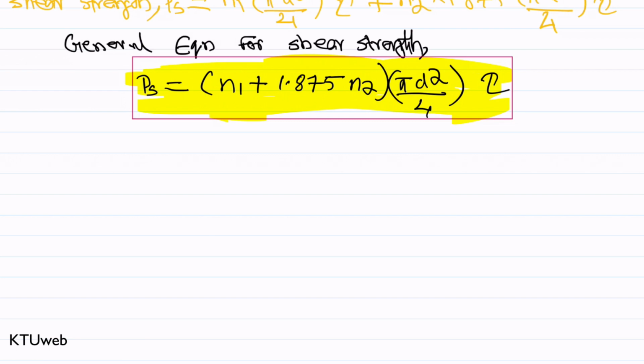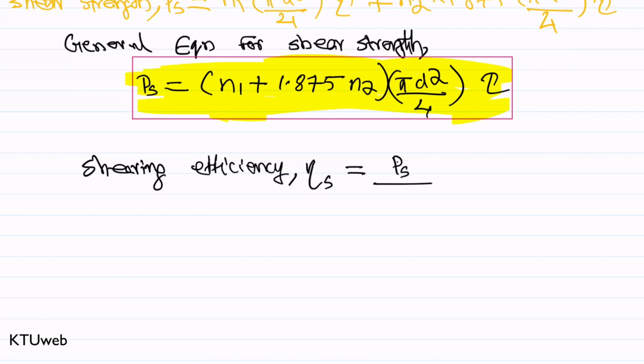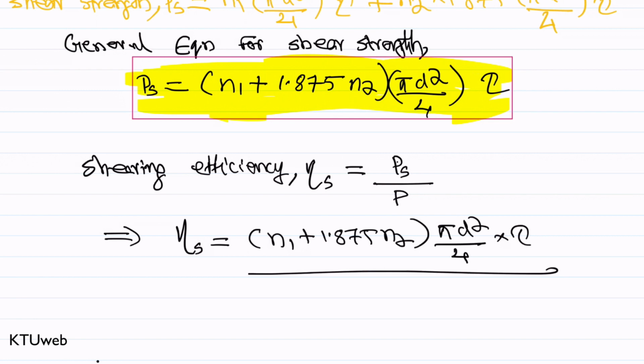We can calculate the shearing efficiency of rivet. We denote it as eta S is equal to shearing strength divided by the strength of plate. That is the shearing strength, what we call PS, divided by the strength of solid plate, P. So basically it gives you eta S is equal to all of that divided by the P value.